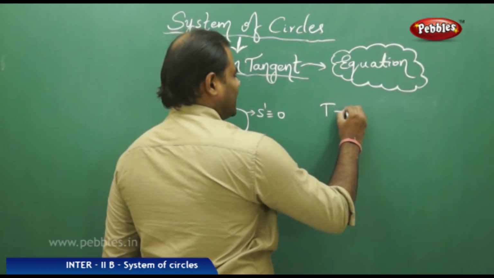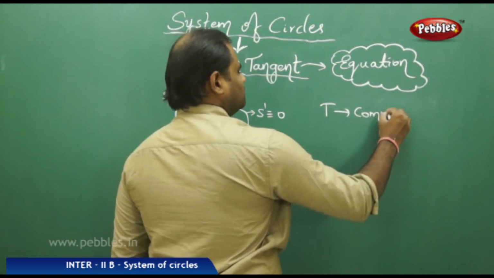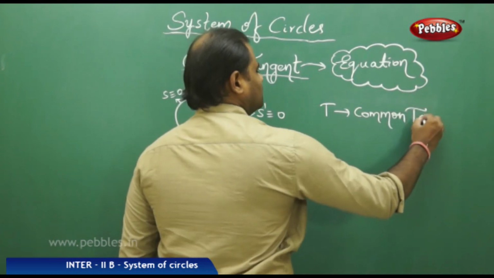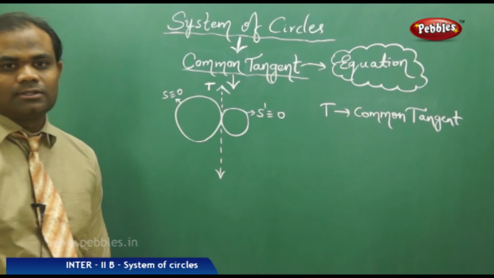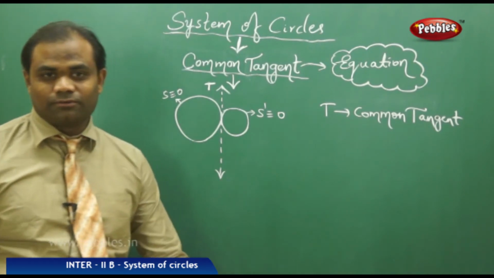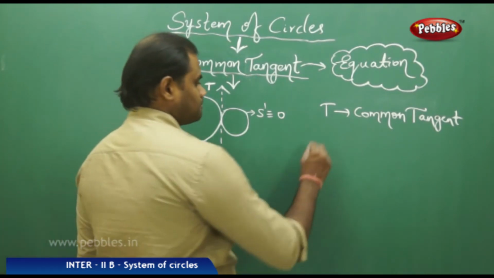That is, T acts as the common tangent to the two circles. Then how do we find the equation of T is the biggest question here.